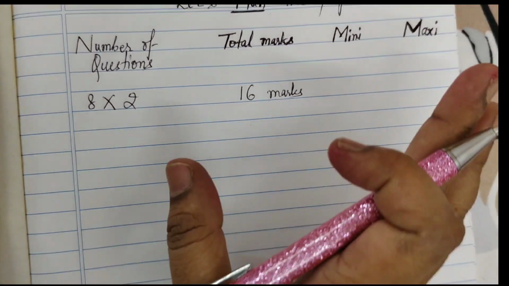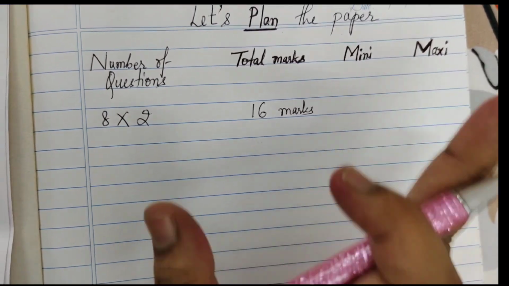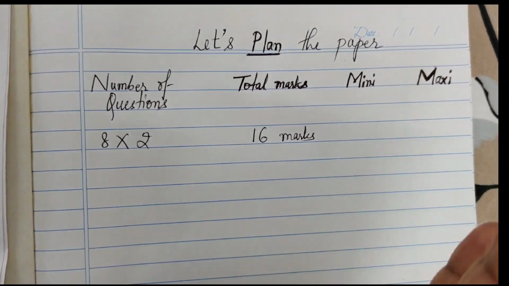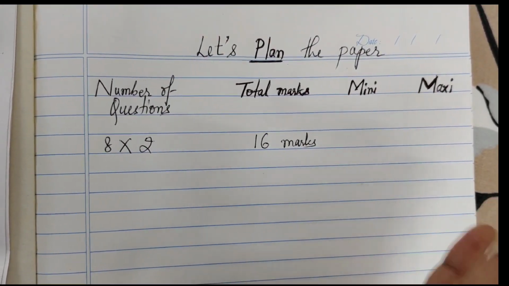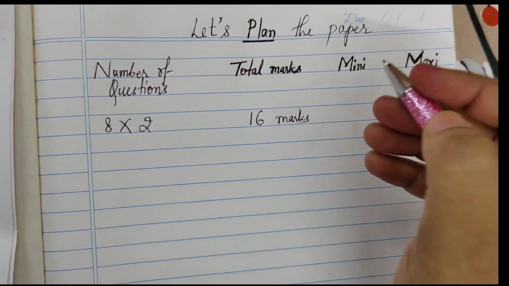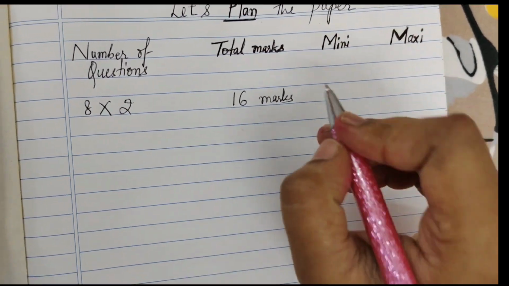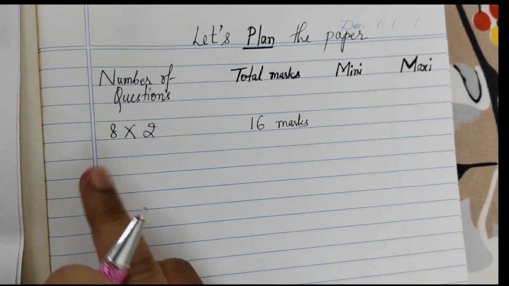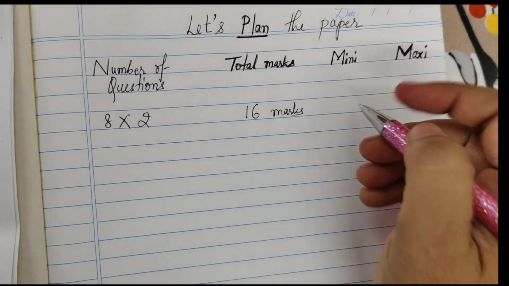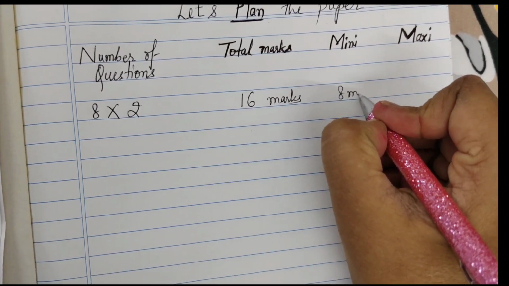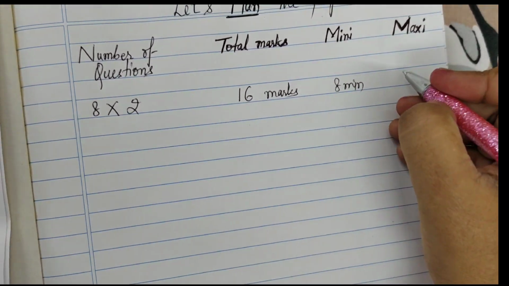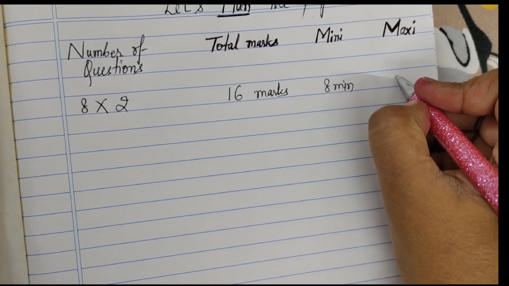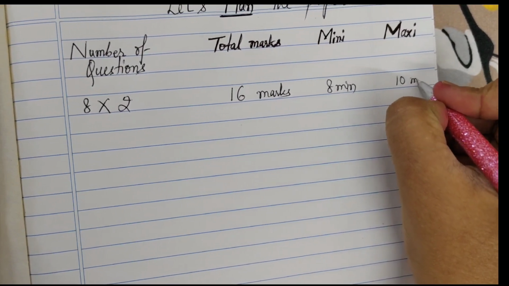Take more time to read carefully, but to solve, try to take maximum 1 minute and not more than that. Here I am mentioning 1 minute is the minimum timing required to solve each question. So 8 questions are there, so minimum you will take 8 minutes, and maximum approx 10 minutes.